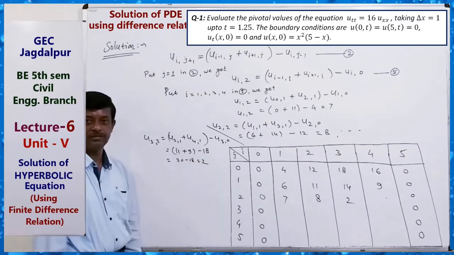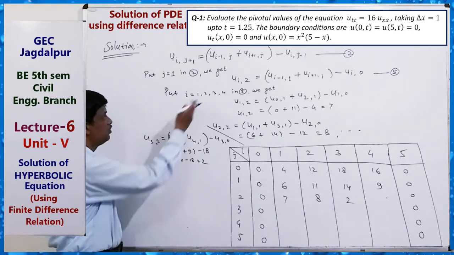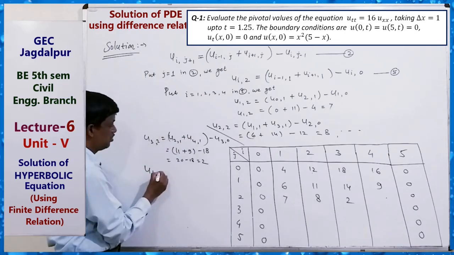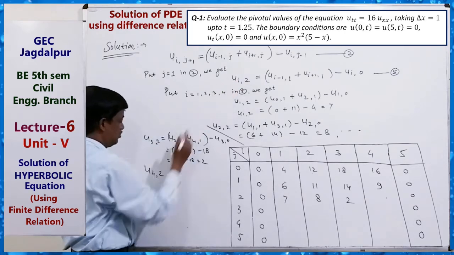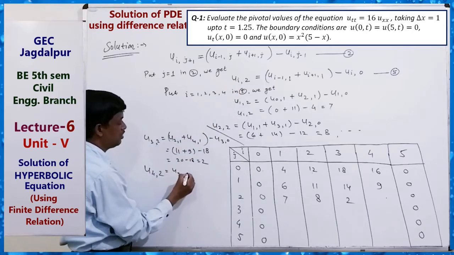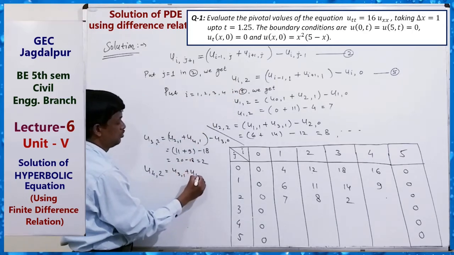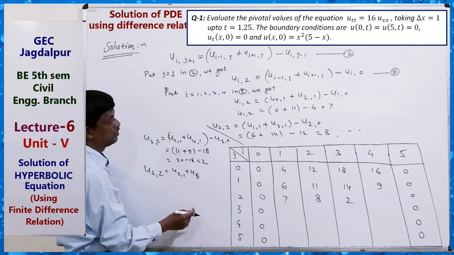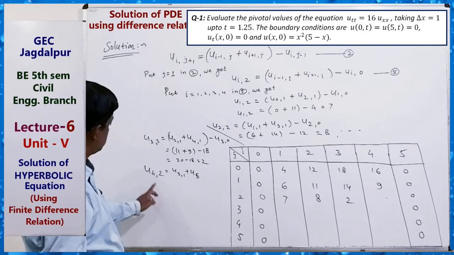So 2. Similarly, i equals to 4, so u42 equals to u31 plus u51 minus u40.